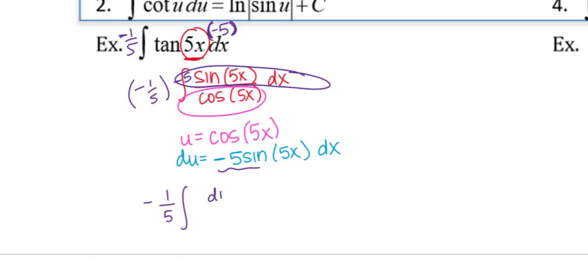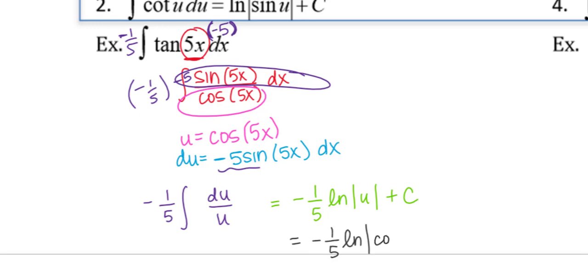So I have du over u. That does make natural log of absolute value of u plus c, and I will put my u back in. U was cosine of 5x.